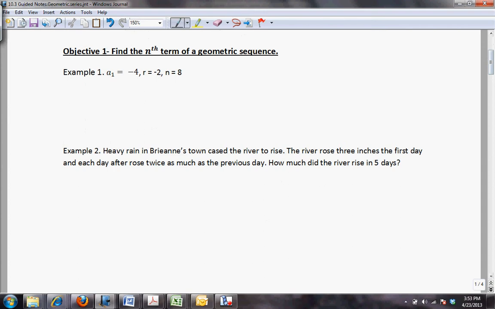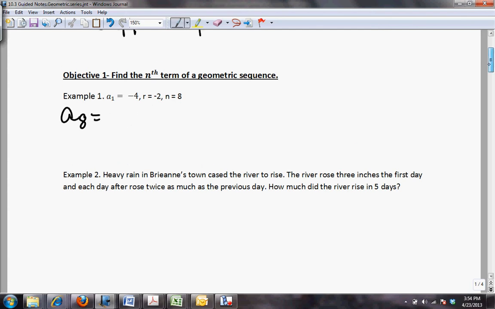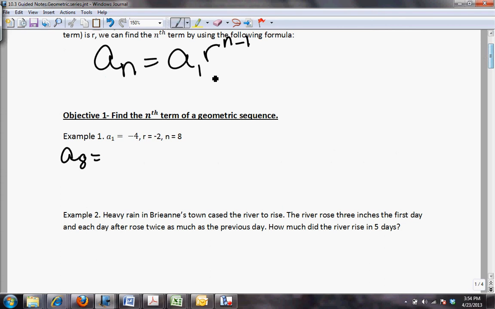To find the nth term of a geometric series, that means which term they're asking for. Here they're asking for the 8th term, so we use a sub 8 equals the first term, using my formula above: a sub n equals a sub 1, which is negative 4, times negative 2 to the power of n minus 1.